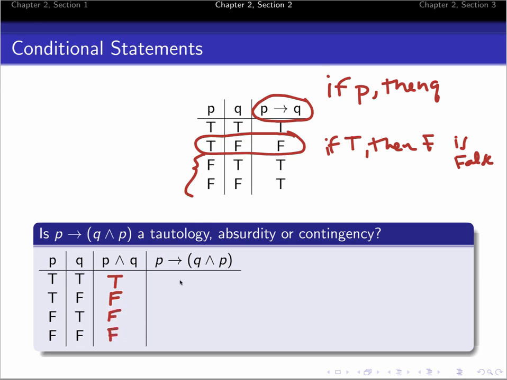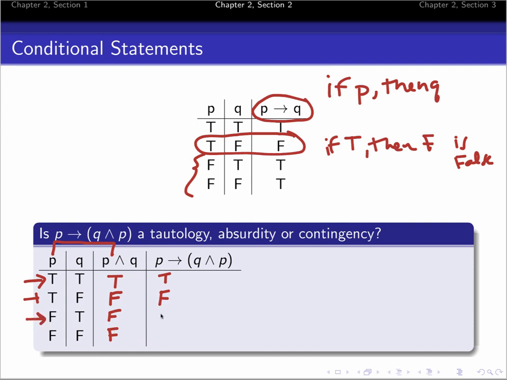Okay, good. And then now I'm going to have an implication. So this P implies the and. So I'm going to look at the first and third column. So in this first row, I have if true, then true. That's true. In the second one, I have if true, then false. Okay, that's where I get my false part from.